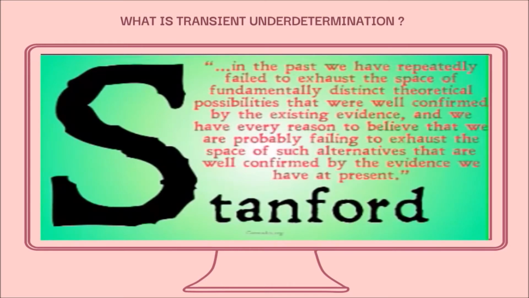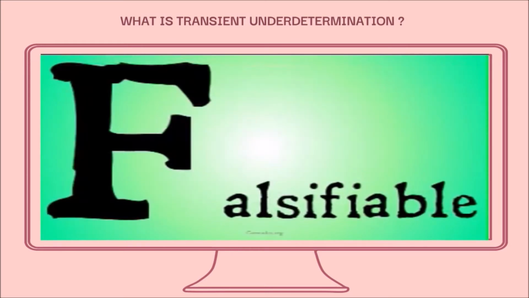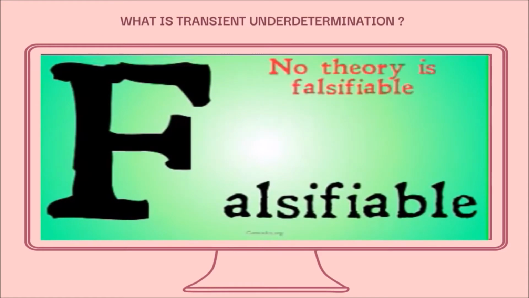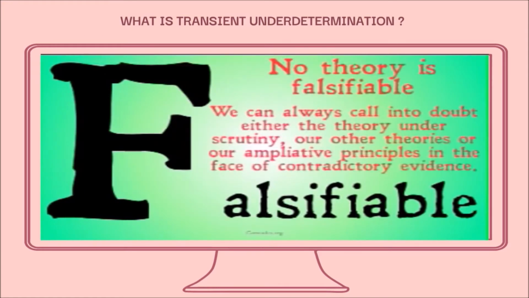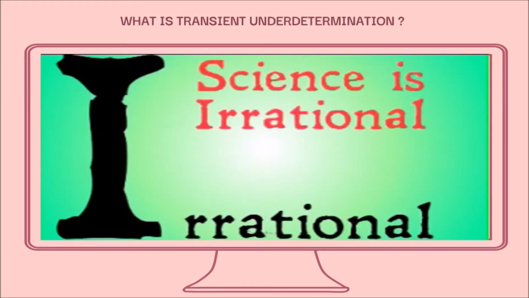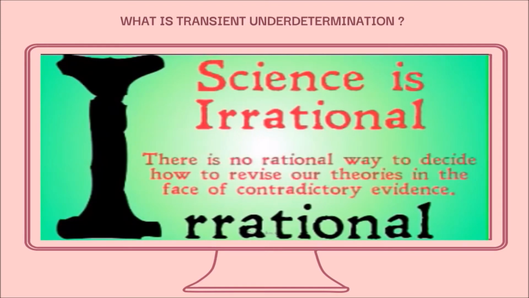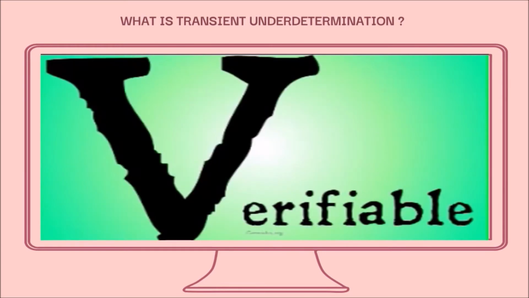So, to sum up everything we've talked about in this video series, we've shown that no theory is falsifiable. We can always call into doubt either the theory under scrutiny or our other theories, or our ampliative principles in the face of contradictory evidence. Science as a method is irrational. There's no rational way to decide how to revise our theories in the face of contradictory evidence.